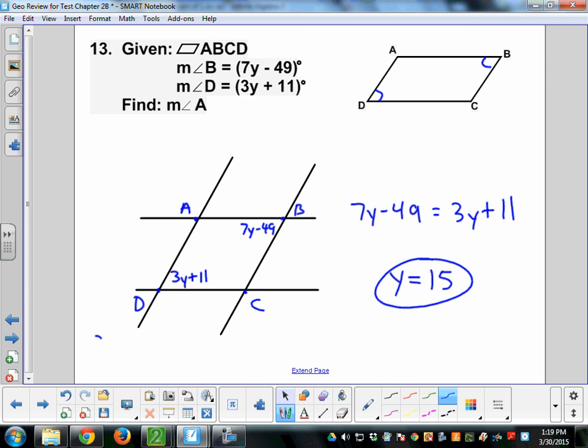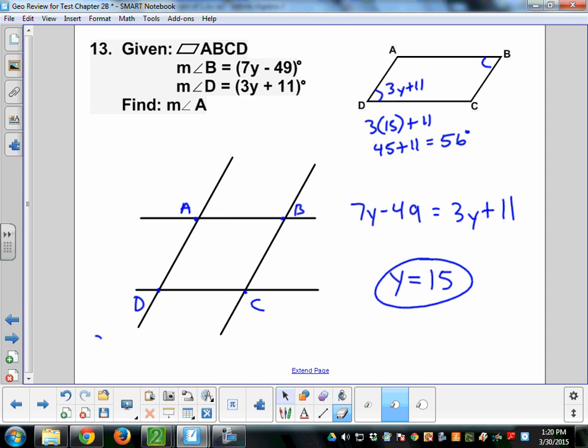Once you have y equals 15, it asks for angle A. Well, if we find D, so we find D by plugging y back in. So that's 45 plus 11. That's 56. So if I think back to that, if this is 56, we know any obtuse plus acute makes 180.